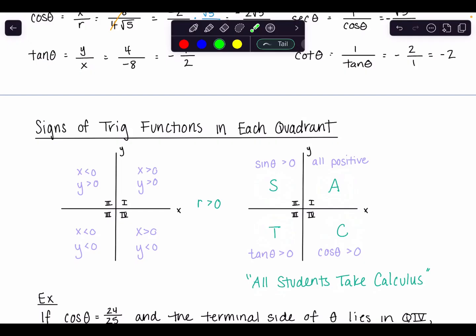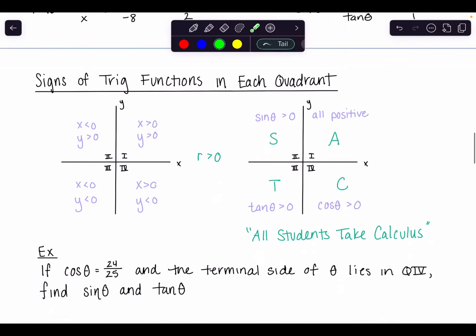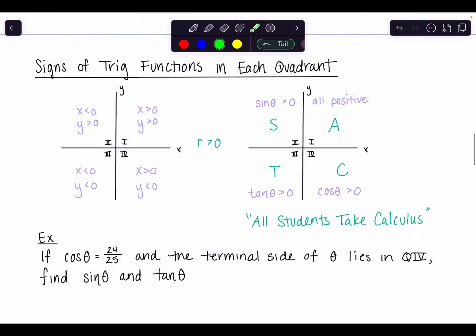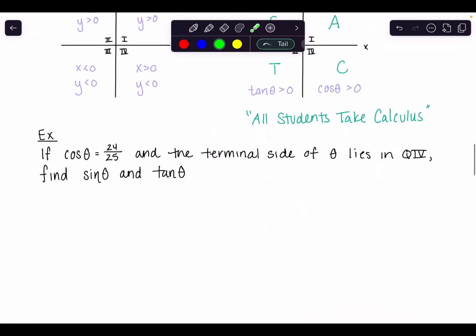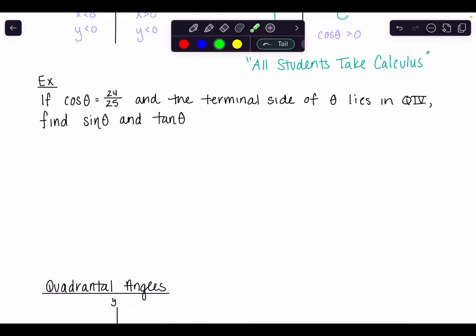So let's try another example. If cosine of theta is 24 over 25, and the terminal side of theta lies in quadrant 4, we're going to find sine of theta and tangent of theta from that. Okay? So again, I'm going to draw a little picture to help us out. We have our xy plane.